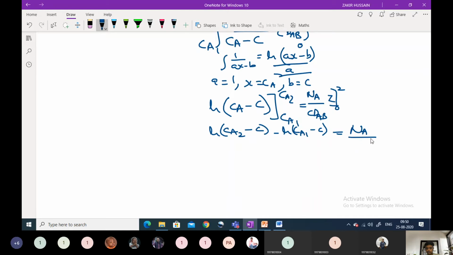Limits we already substituted. Here also the right side is Na by C DAB, with limits 0 to Z, so I am just writing Z. Now we can interchange the variables.